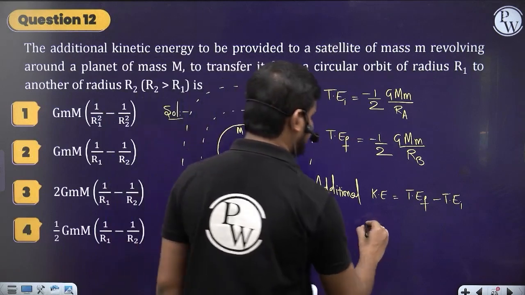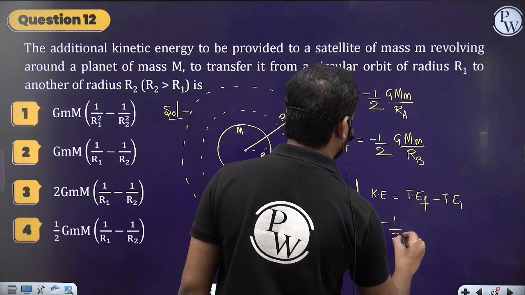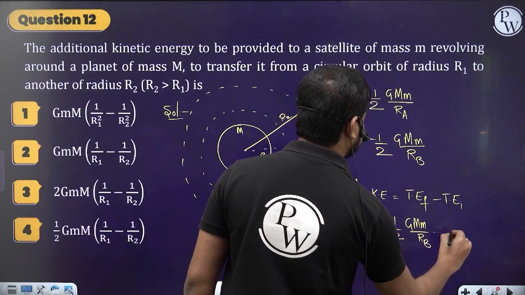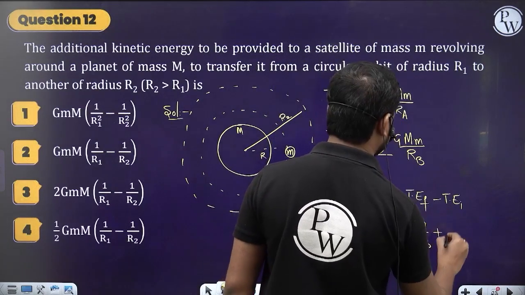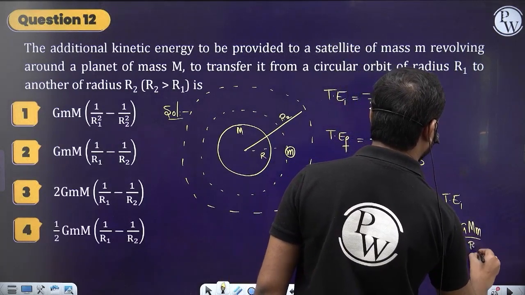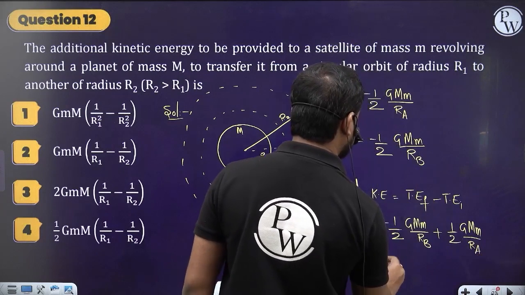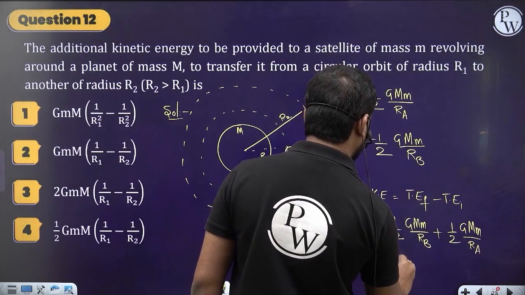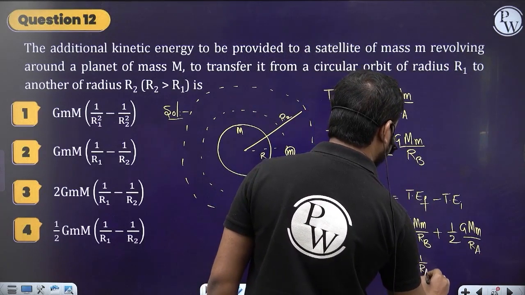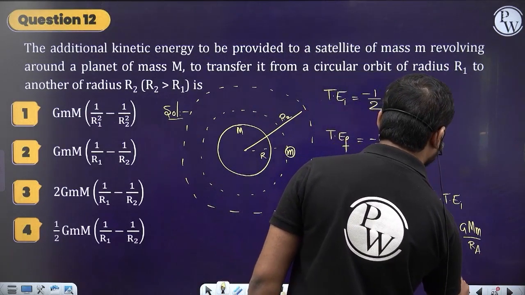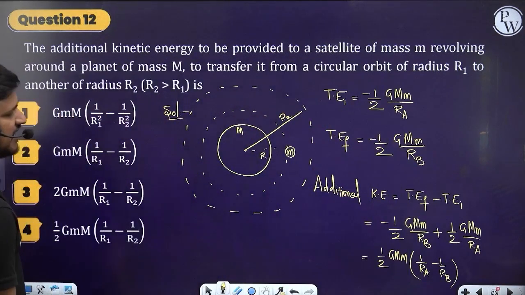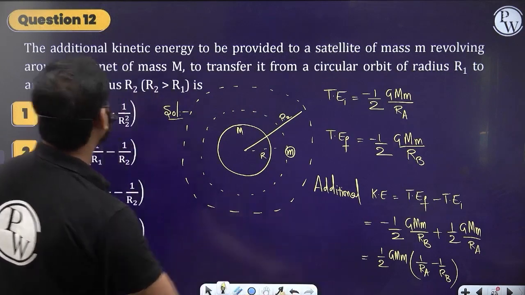If you subtract, we get minus 1 by 2 GMm by RB minus of minus, which becomes plus half GMm by RA. If you take half GMm out, we get 1 by RA minus 1 by RB. So this is the final one: half GMm times 1 by RA, where RA means R1 here, then R2.